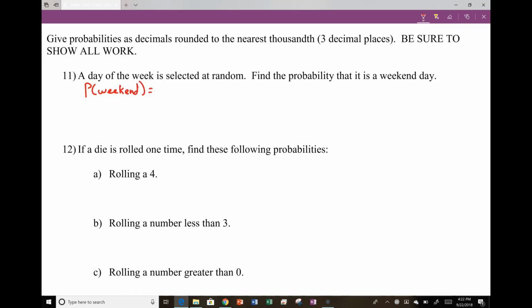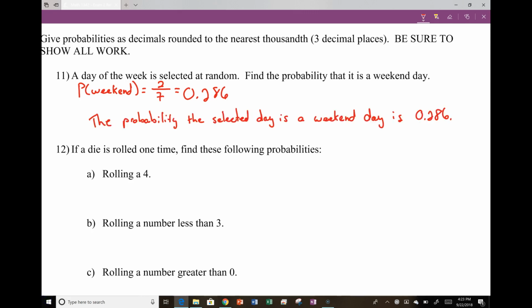If we think about a week, there are 7 days in the week, and there are 2 days on the weekend. So 2 divided by 7, rounded to 3 decimal places, is going to be 0.286.